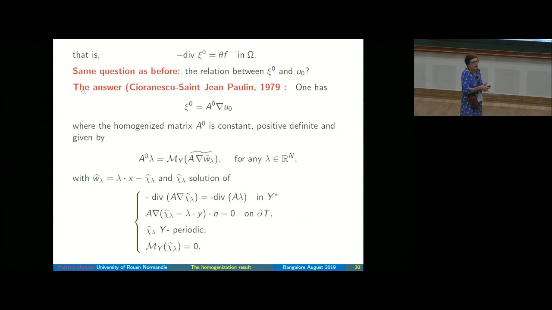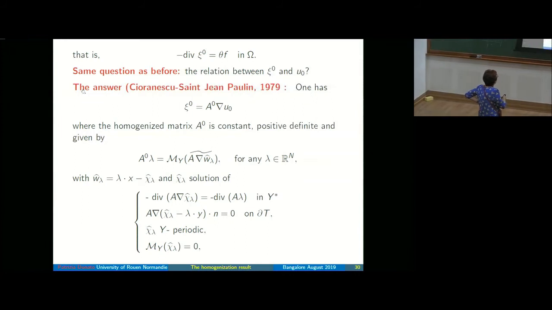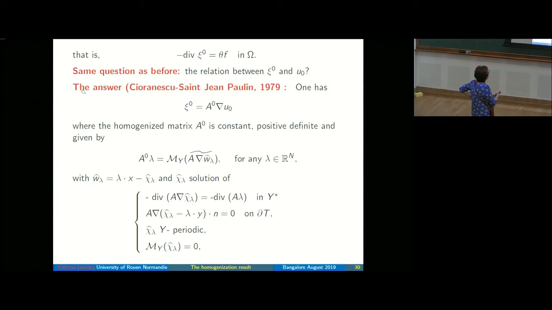And so you put all together, and then if you call this one W lambda, you have minus divergence of W lambda equals 0, and A gradient W lambda dot n equals 0.